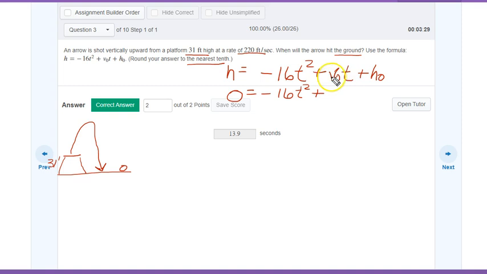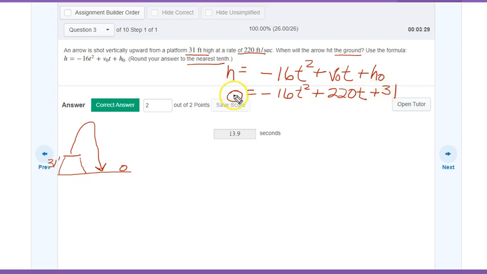Now my initial velocity, that is v sub 0, is going to be 220. There's a t there as well. And when will it hit the ground? And our height initially when we shoot it is going to be 31 feet. So I have successfully substituted into my equation.